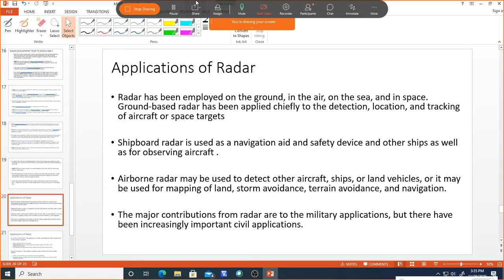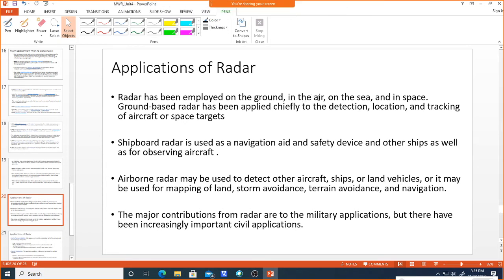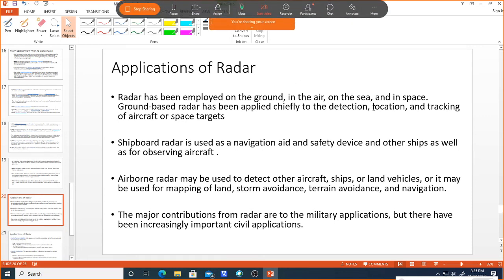This radar can be utilized as a ground station, and also in the air, on ships wherever we want to protect our military systems, on the sea, and also in space. Ground based radars have been applied chiefly to the detection, location and tracking of aircraft.